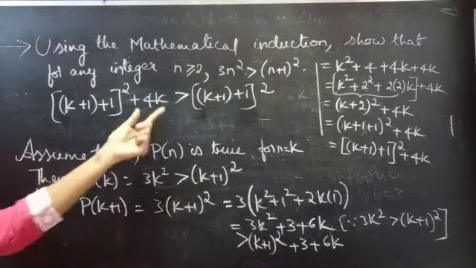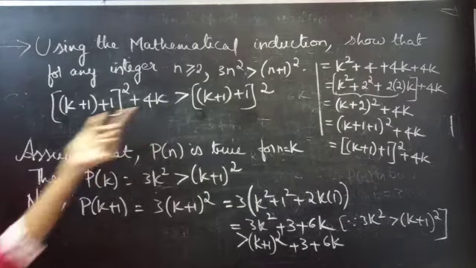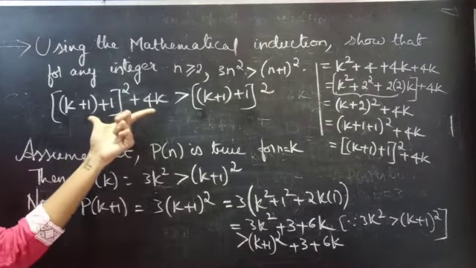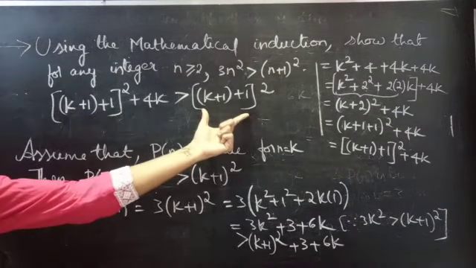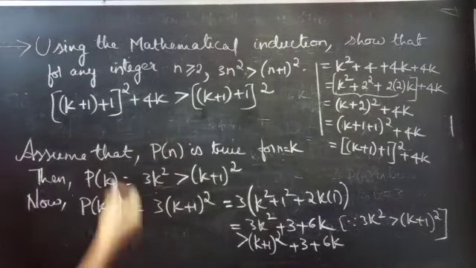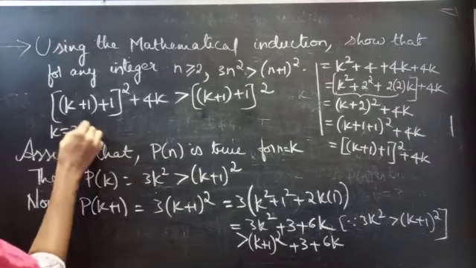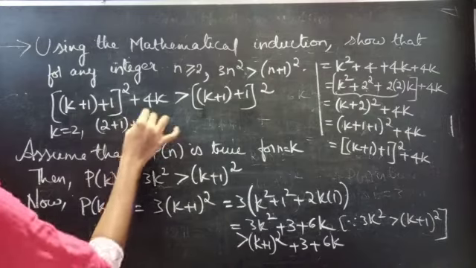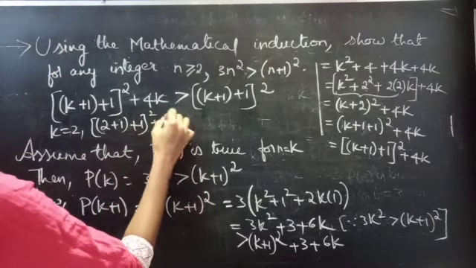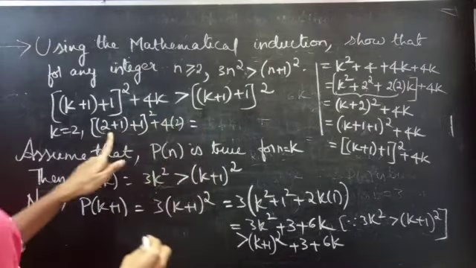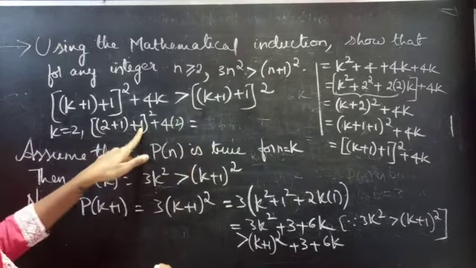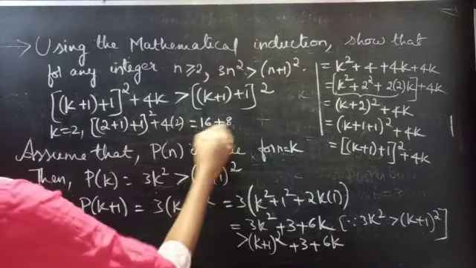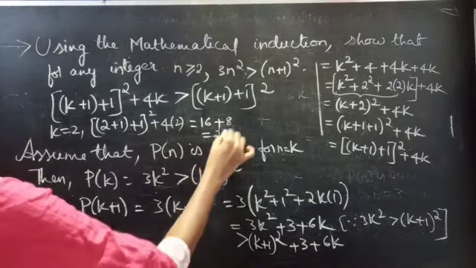Which means that this expression is greater than this expression, right? If you want, you can check it. 4k equals to some 2. 2 plus 1 whole square plus 4 into 2. 2 plus 1 is 3, 3 plus 1 is 4, 4 square is 16, plus 4 2s are 8, 16 plus 8 is 24, right?